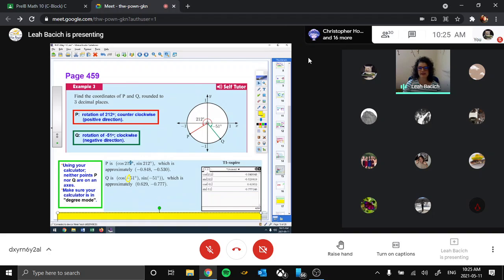So P, I would say cosine 212 for X, and then to get Y, I would do sine. So this is X, and this is Y. So the coordinates of this point would be -0.848 and -0.530.